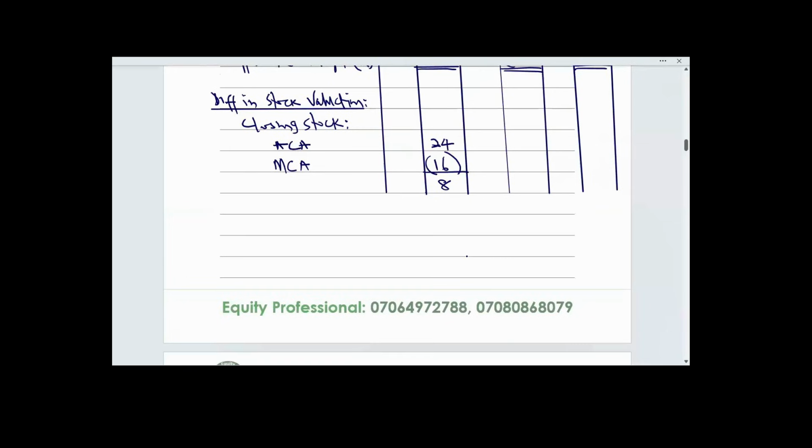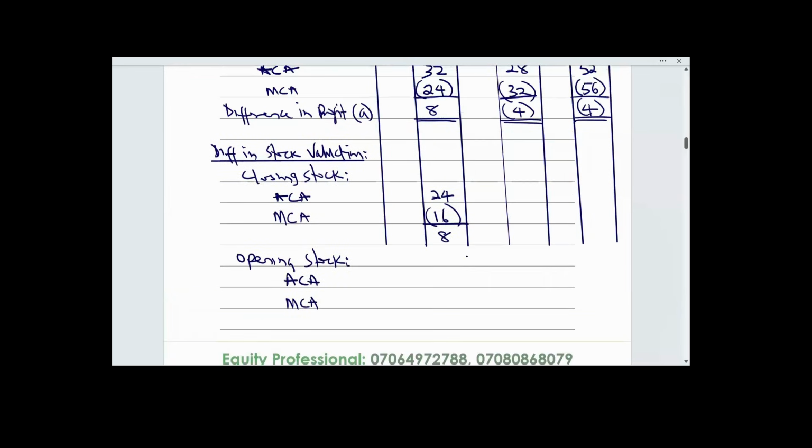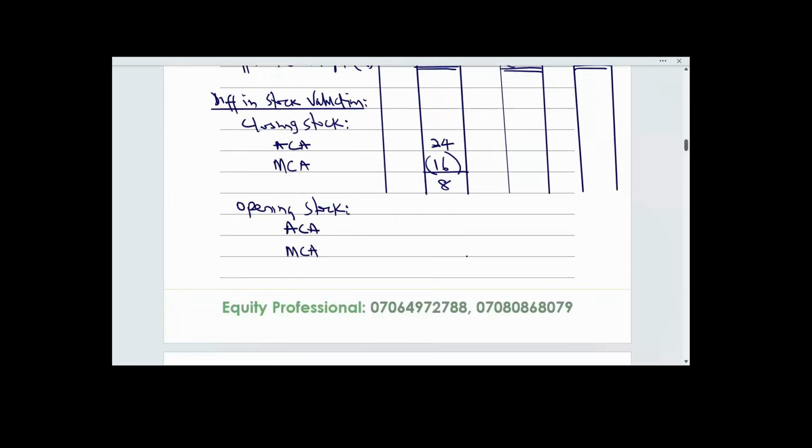So we then do opening stock. We want to find difference in opening stock for ACA and then MCA. Opening stock in the first period. How much was opening stock for ACA? Dash. We don't have anything. Under MCA, what's the opening stock? Dash.